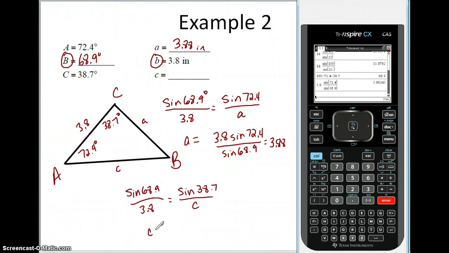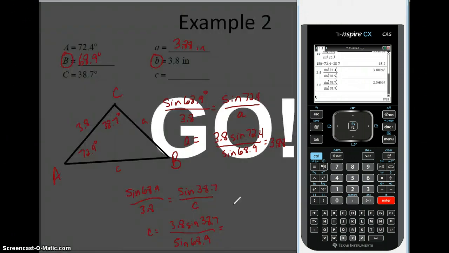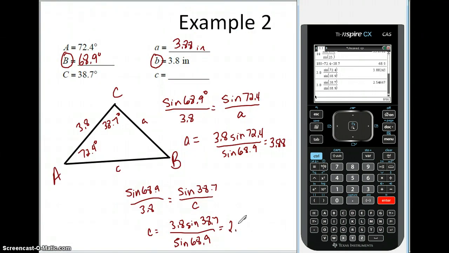We're going to solve that, so little c is going to be equal to 3.8 sine of 38.7 over sine of 68.9, and that's going to give us about 2.55. Okay, so 2.55 inches. And that is how to use law of sines to solve a triangle.